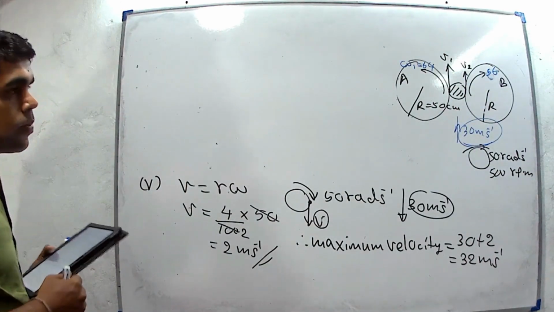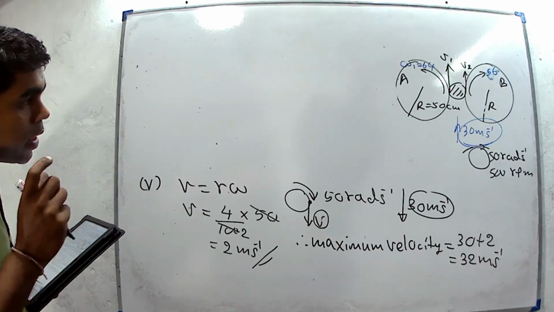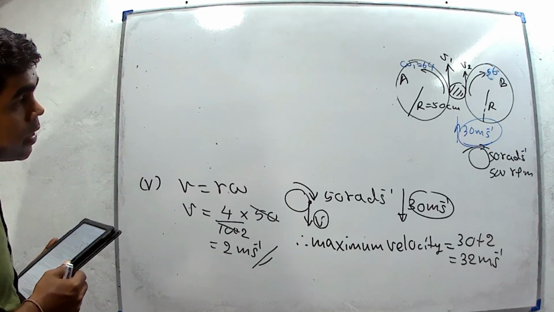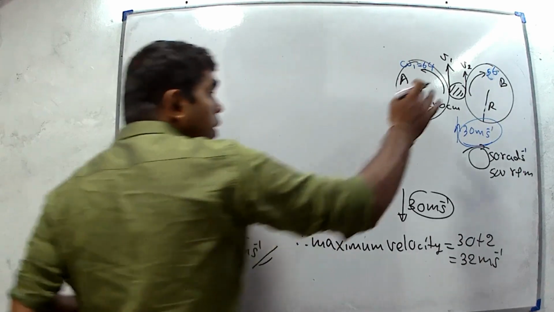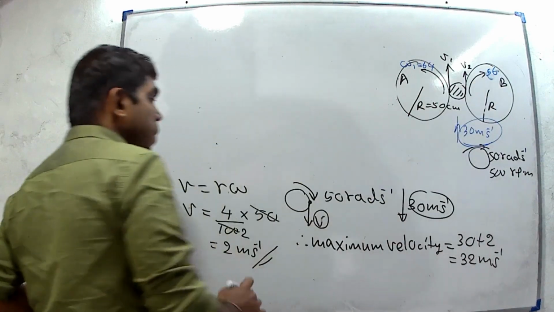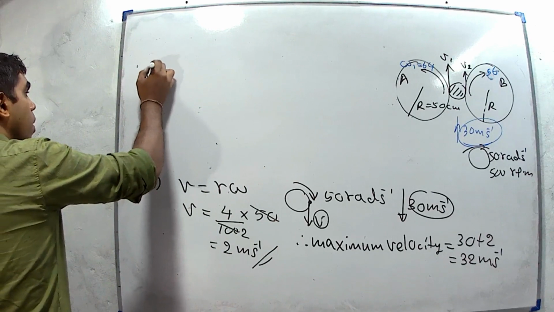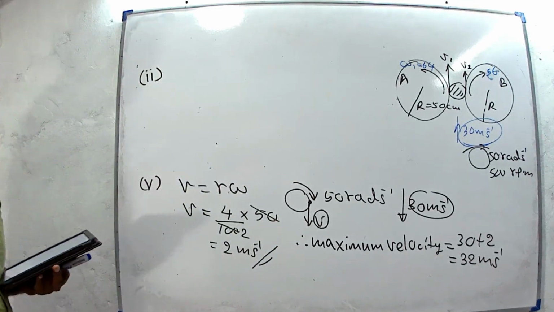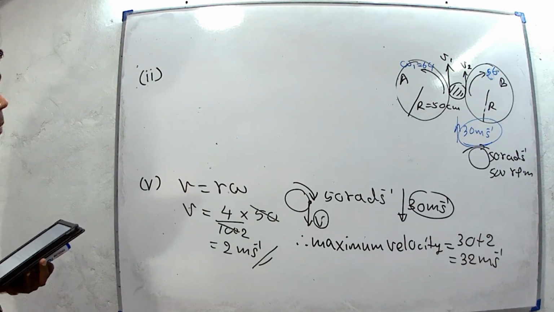But now the ball is not rotating, therefore the ball should have the same common tangential velocity at these 2 points. Then we can consider the motion of the ball. Tangential velocity is 35 meters per second.